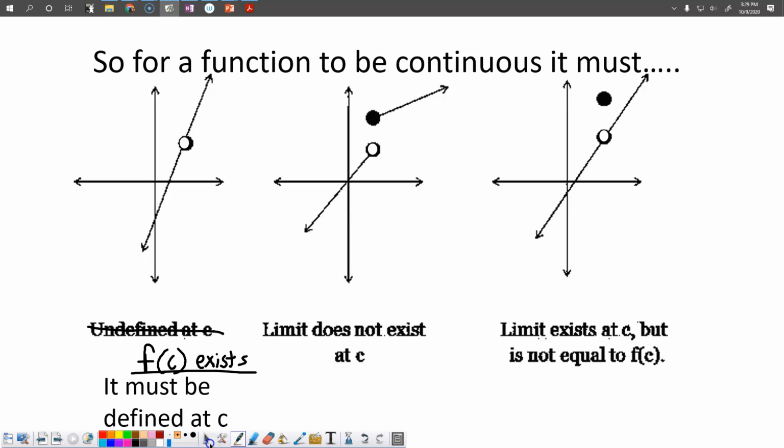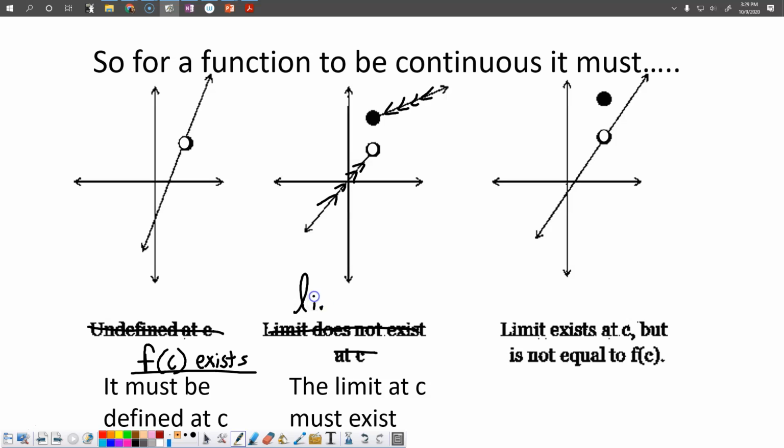The second thing is the limit has to exist. The limit from the left and the limit from the right have to both be the same. So the limit from the left has to equal the limit from the right.